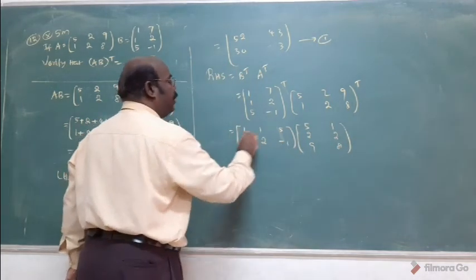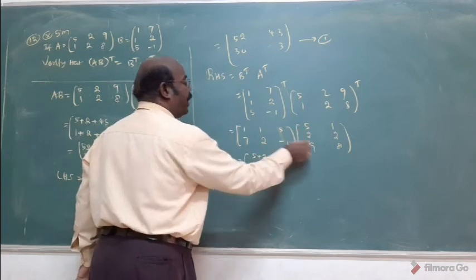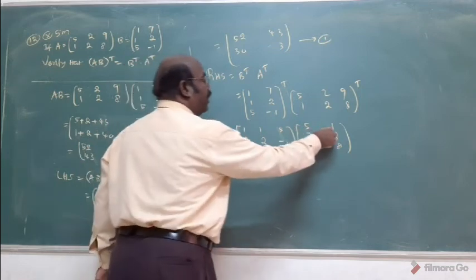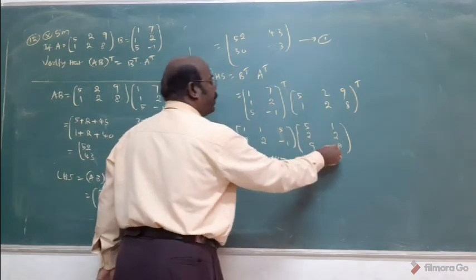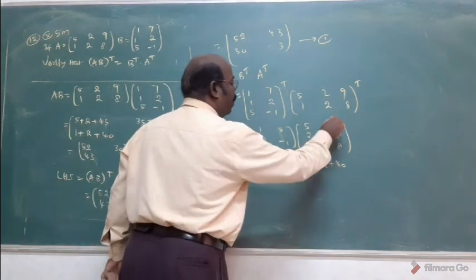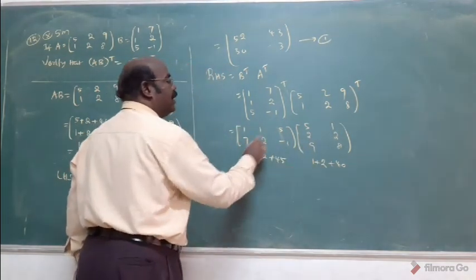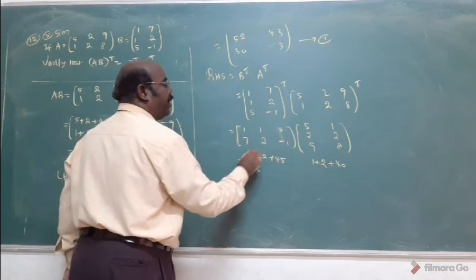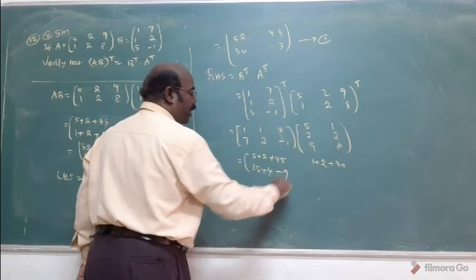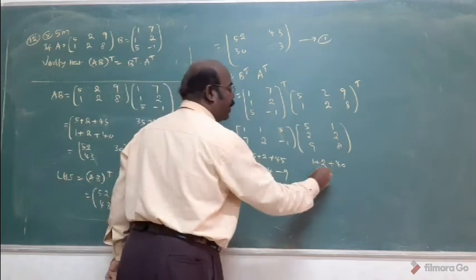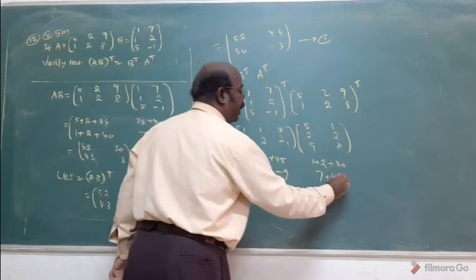Ready? Now, multiply. 1 5s are 5, 1 2s are 2, plus 5 9s are 45. Next, 1 1s are 1, 1 2s are 2, 5 8s are 40. First row, first column done, second row next. Second row, first column: 7 5s are 35, 2 2s are 4, minus 1 9s, minus 9. 7 1s are 7, 2 2s are 4, minus 1 8s, minus 8.